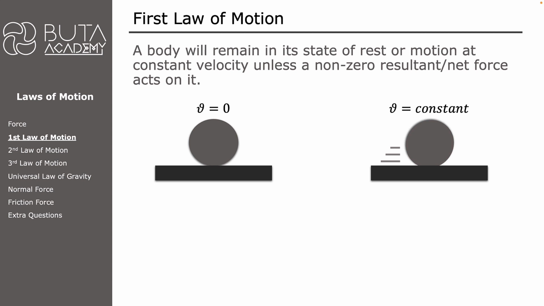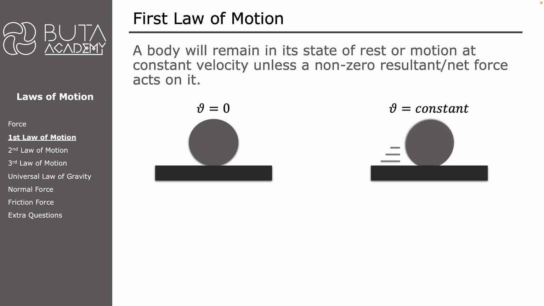Even though we can't get an object which does not experience a force, we can get an object where all forces applied on it are balancing each other. In other words, the sum of all these forces is equal to zero. To summarize, we can't get an object with no force on it, but we can get an object with the net force on it equal to zero.